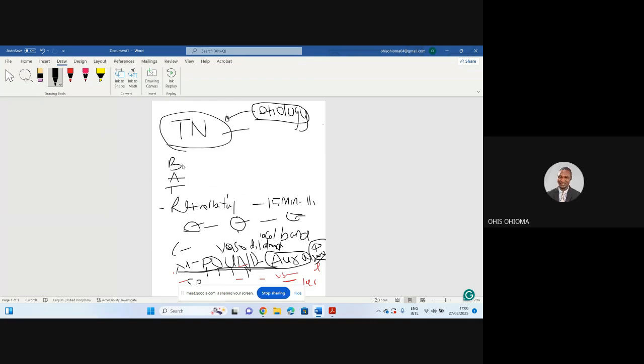So you can just remember BAT: beta blockers, amitriptyline, and then topiramate. Topiramate is an anticonvulsant. So anytime you're stuck in the exam and you don't know what drug you can use for preventing migraine, just remember the BAT. Once you remember the BAT, you're covered. Okay. Thank you.